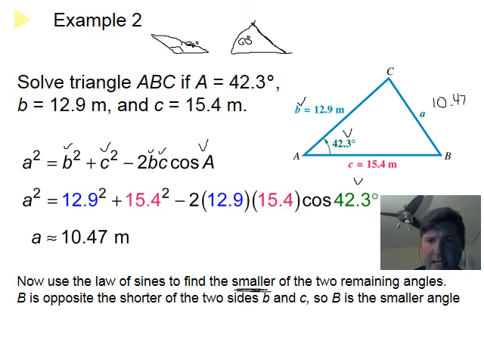Of these three sides, we just found the smallest. Which is the next smallest? That is the next smallest. And then finally, C is the largest. So the smallest side is across from the smallest angle. So our smallest side is across from this smallest angle. So this is the smallest.